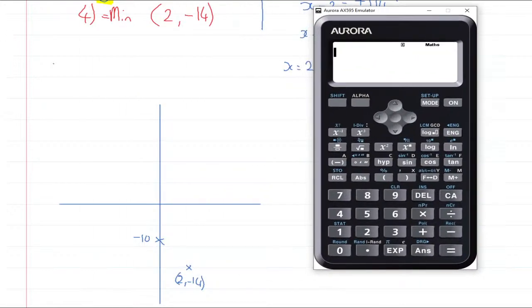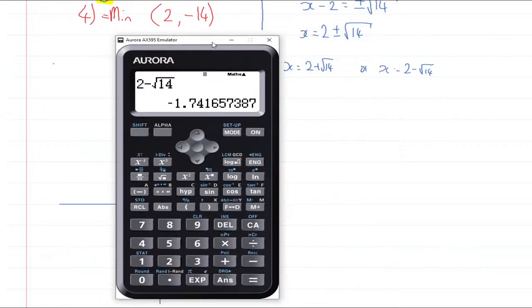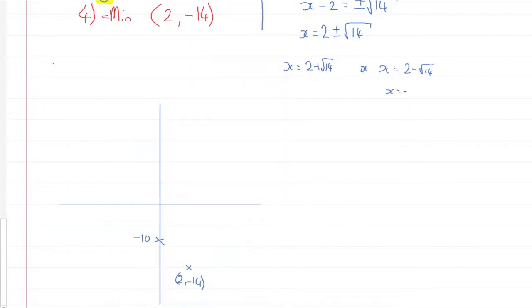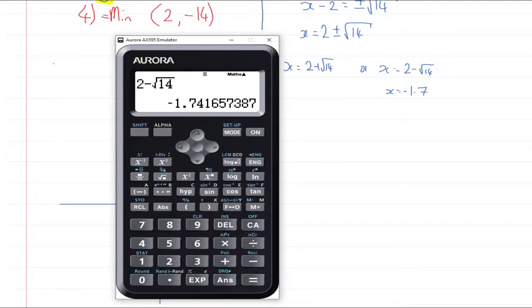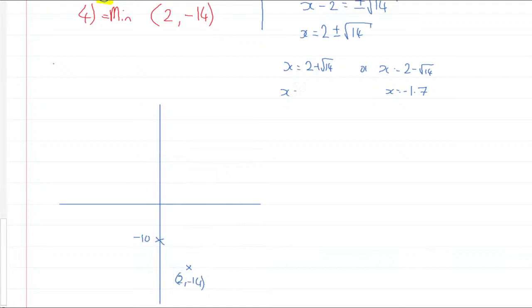So on my calculator, 2 minus root 14 is minus 1.7. And then 2 plus root 14 is equal to 5.74.